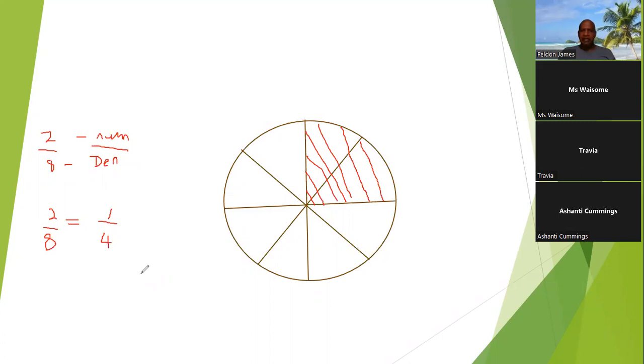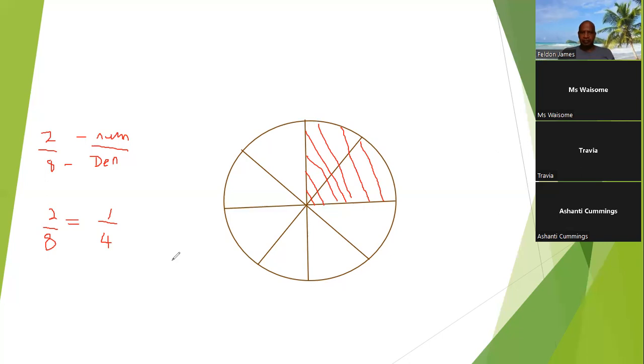So this one has a denominator of 8 and this one has a denominator of 4. So the 2 parts out of 8 is the same as the 1 part out of 4. And so the question is, why do we consider them to be the same if the denominators are different?